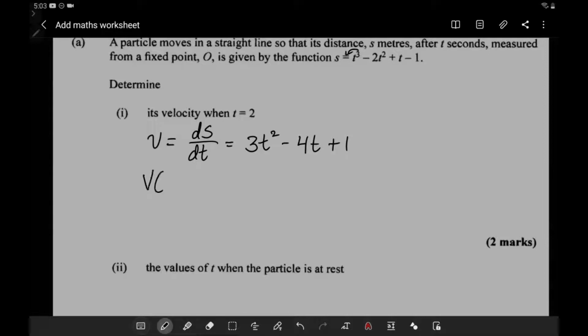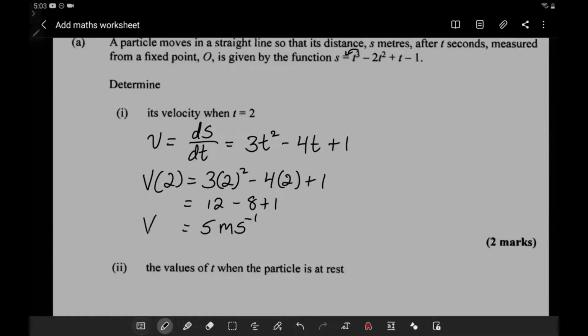And v at t equal 2, we get 3 by 2 squared minus 4 by 2 plus 1. This is 12 minus 8 plus 1, which is equal to 5 meters per second. Notice that we have distance in meters, time in seconds, so we have meters per second.